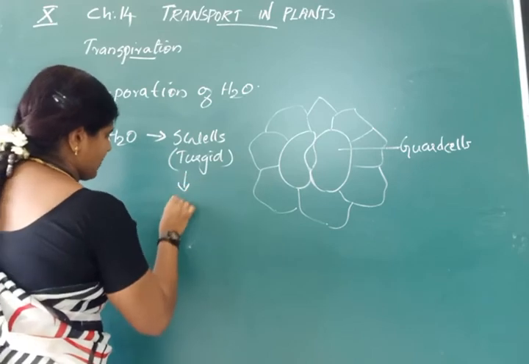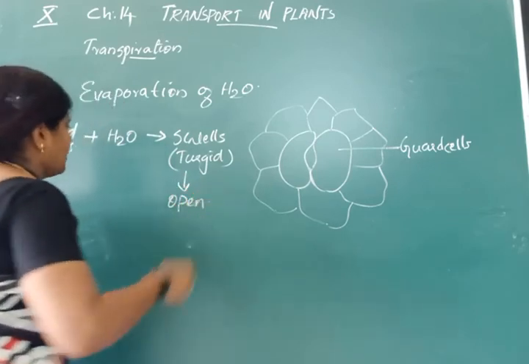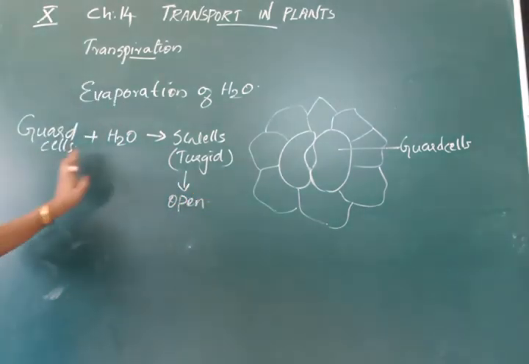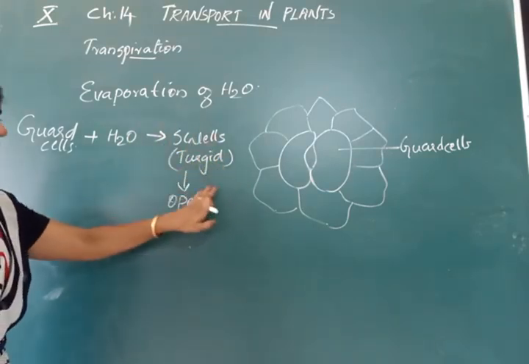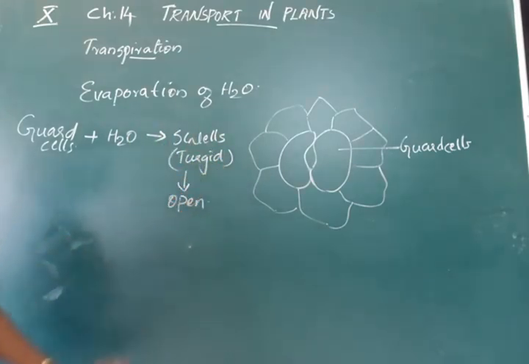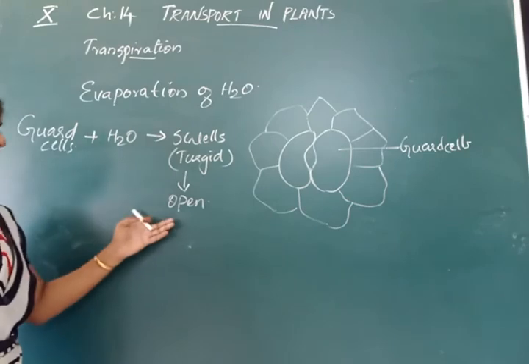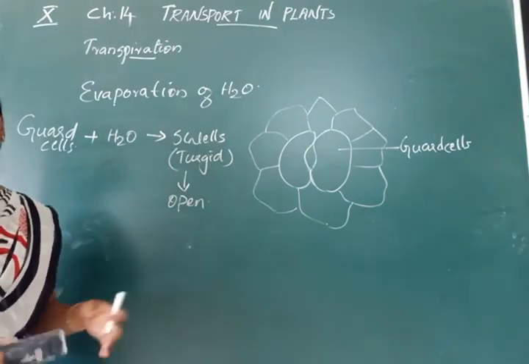As a result, the stomata will be open. When the guard cell absorbs water, it becomes turgid, and as a result of this turgidity, the stomata open.